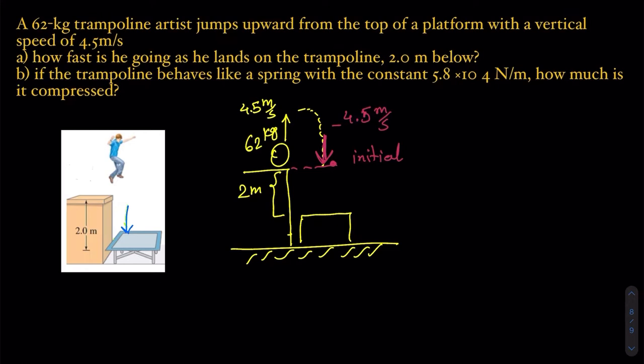And then it reaches the surface of the trampoline. So we call this surface the final position. What is the reason we are marking them as initial or final? Because we need to solve this problem by using the law of conservation of energy.